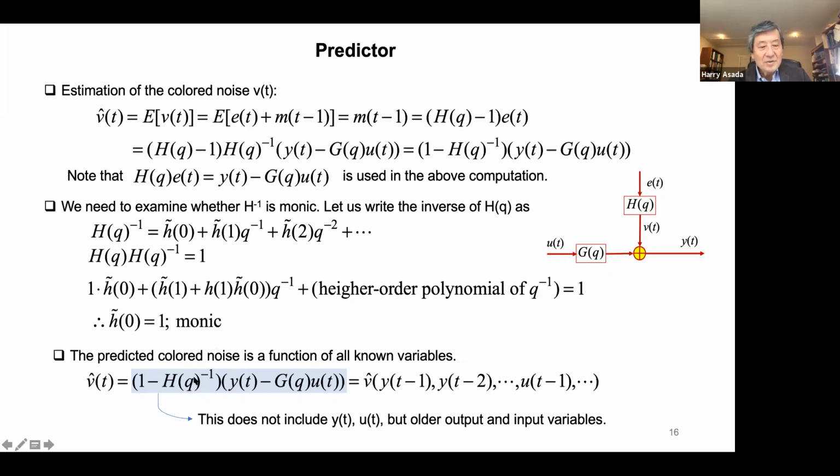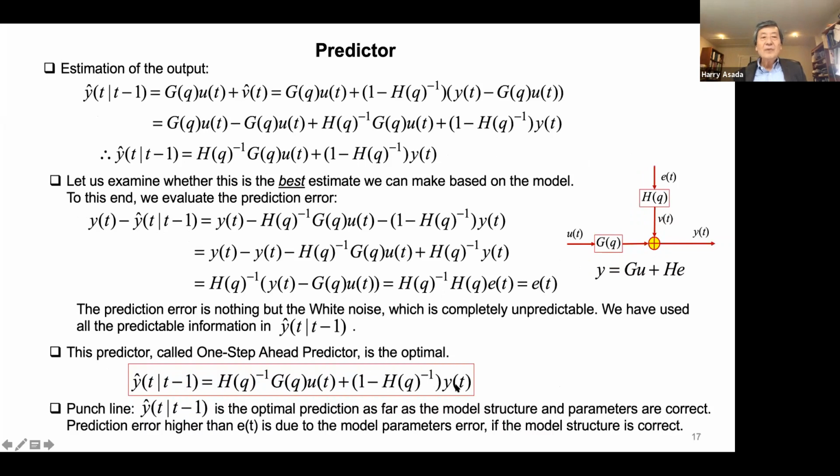So that's good, because in 1 minus H(q) inverse, the 1 minus 1 cancels out. So it starts with q to the minus 1. So y(t-1), y(t-2) are all involved, that's a function of these, and we can actually use that for prediction. Good.